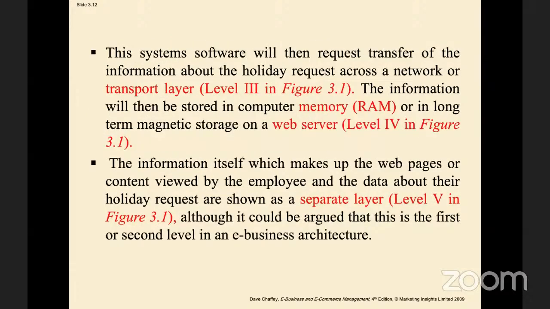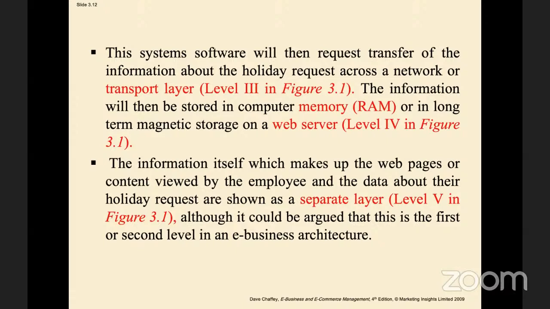Okay. Number 3 is this system software will then request transfer of the information about the holiday request across a network or transport layer. Level 3 in figure 3.1, the information will then be stored in computer memory, RAM, or in long-term magnetic storage on a web server.